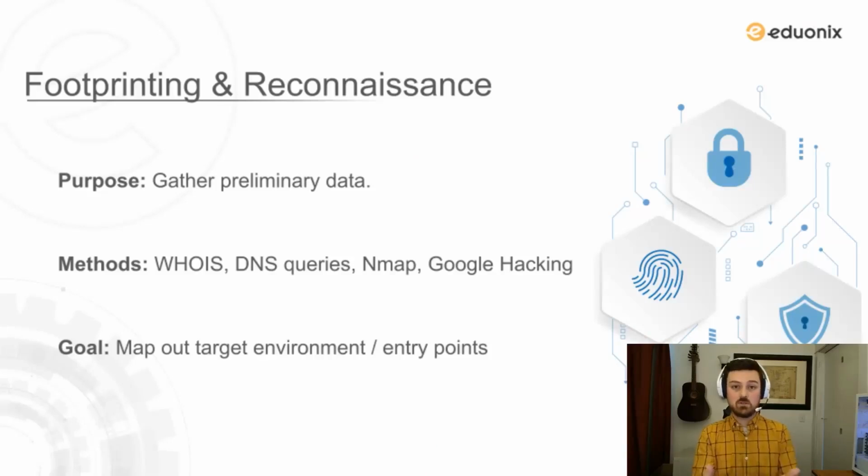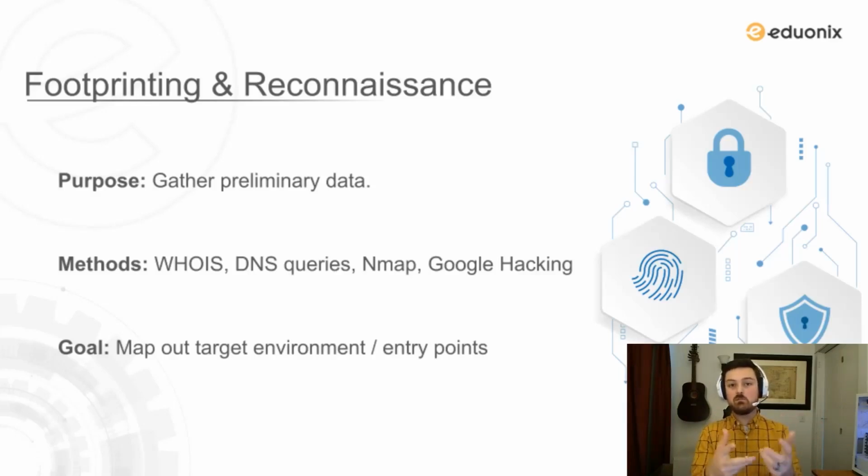So the first one is footprinting and reconnaissance. It's a foundational step where we gather as much information as possible about the target without really revealing that we're in the system. So we're not actually directly interacting with the system yet. We're just trying to see, with a typical scan, what information you can get to learn more about the subject.